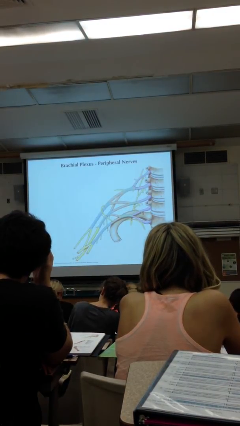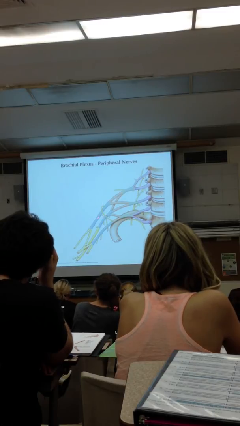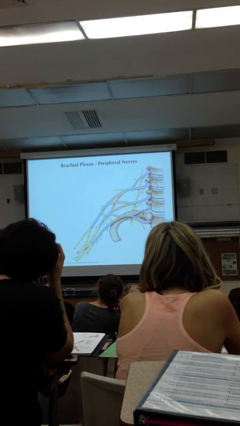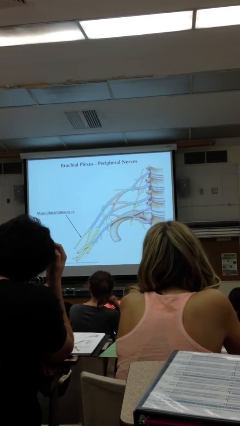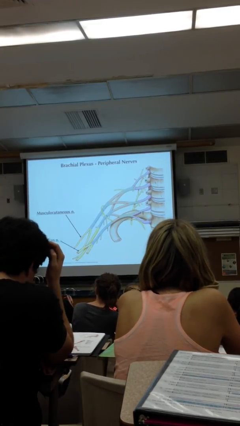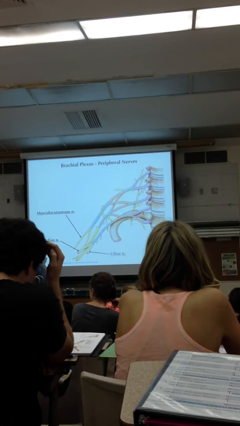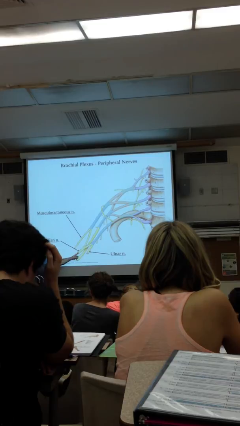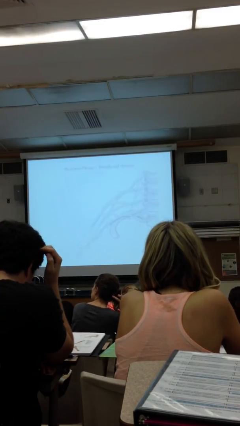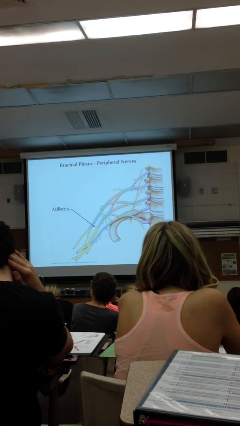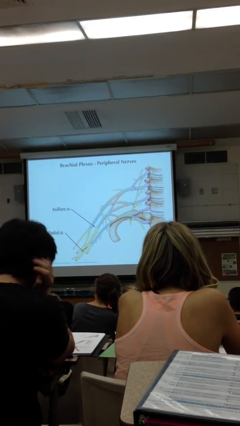Here's those chords. Which one was this? Posterior. So if you look at this, here's the lateral chord, forms musculocutaneous, and gives a branch to the median nerve. Okay? The medial chord gives you the ulnar nerve and gives a branch to the median nerve. And then finally, the posterior chord gives you the axillary and the radial nerve.